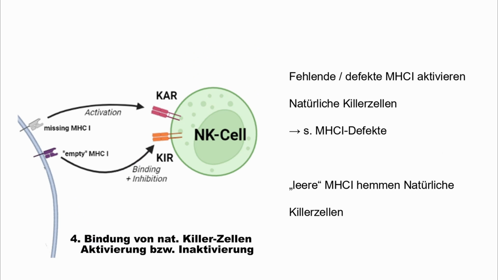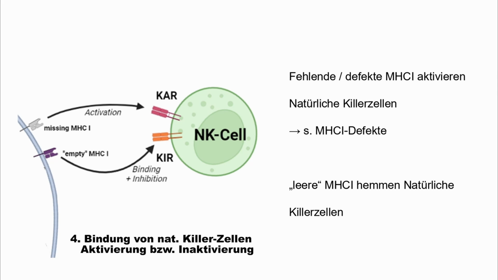In addition to the cytotoxic T cells, natural killer cells can also bind to the MHC1 molecule. Natural killer cells are responsible for detecting tumor cells. Tumor cells mostly do not develop MHC1 molecules or only very few. If there is no MHC1 molecule on the cell, the natural killer cell is activated and destroys the tumor cell.